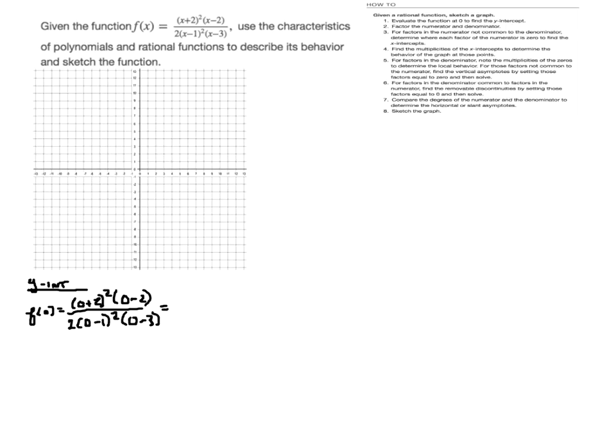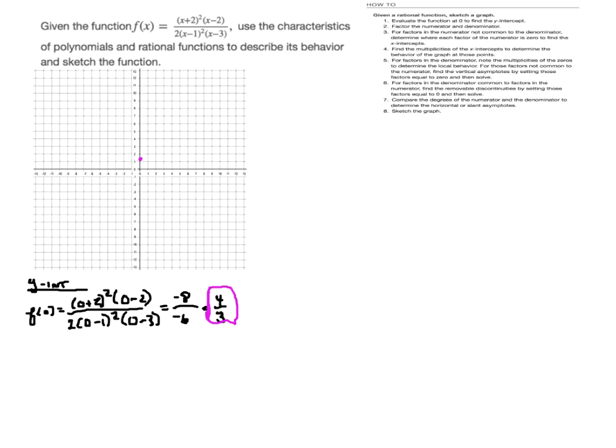Okay, so 2 squared is 4, so I'm multiplying 4 times -2, which gives me a -8. And then I have 2 times 1 times -3. That gives me a -6. So this is positive 4/3, which is 1 1/3 for my y-intercept.